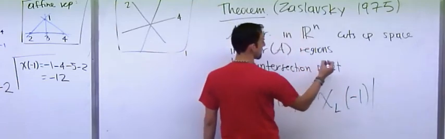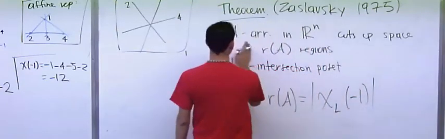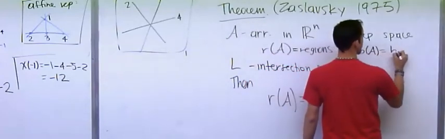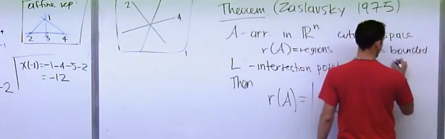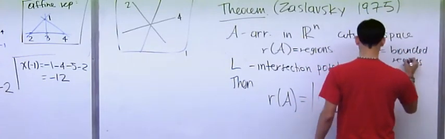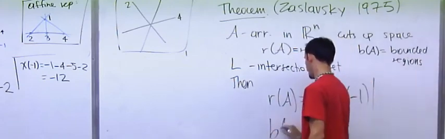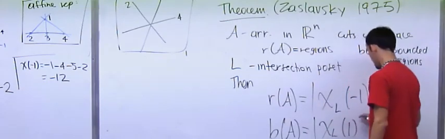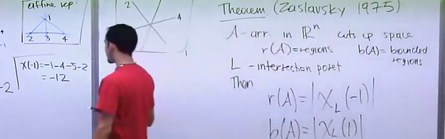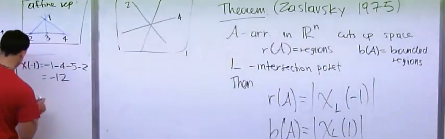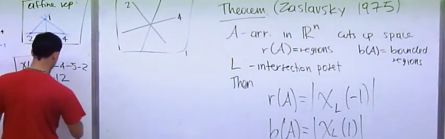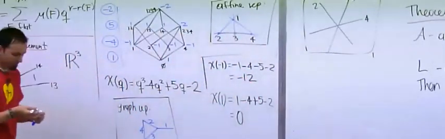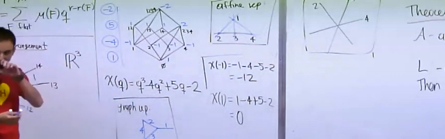So let's say that R of A is the number of regions, B of A is the number of bounded regions. Well, Zaslavsky's theorem also says if you want the bounded regions, then you just plug in 1. So for example, here you plug in 1, and you get 1 minus 4 plus 5 minus 2 equals 0, which is good because we didn't see any bounded regions.